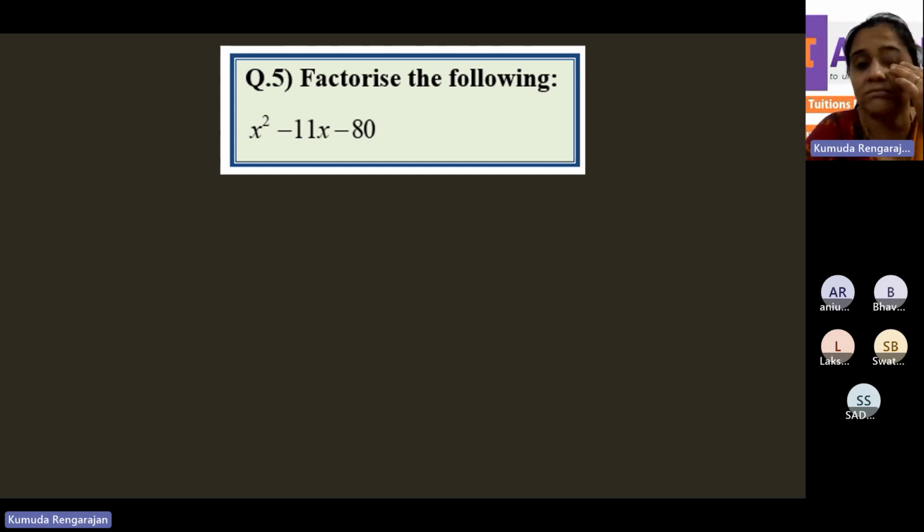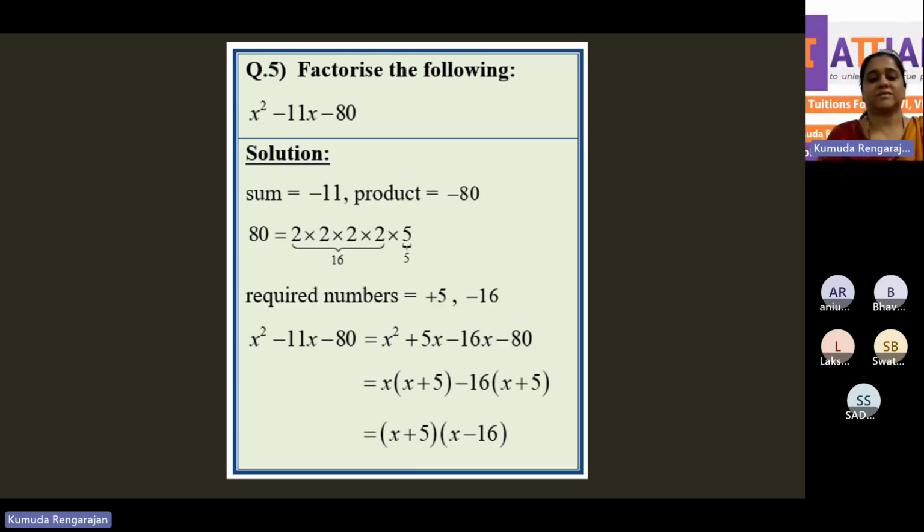No, I have a different answer. It's x minus 16 into x plus 5. Correct.